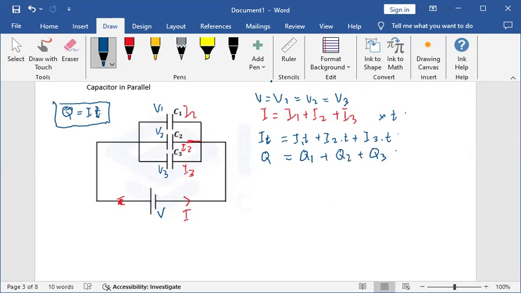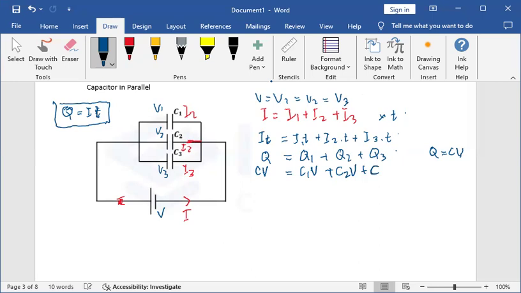And then based on the capacitance, Q equals C times V. So C times V equals C1 times V1. Remember, V1 equals V. C2 times V2, V2 equals V, because this is parallel.